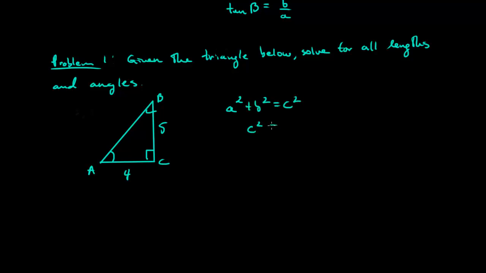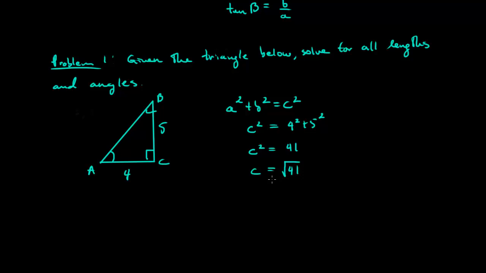So c squared is equal to 4 squared plus 5 squared, which is 16 plus 25, which is 41. And thus c is equal to the square root of 41.